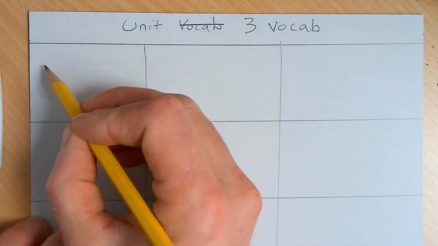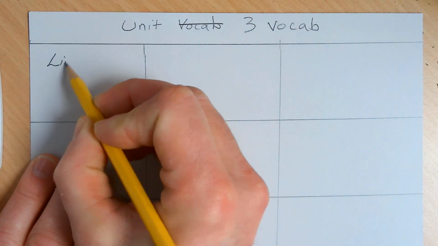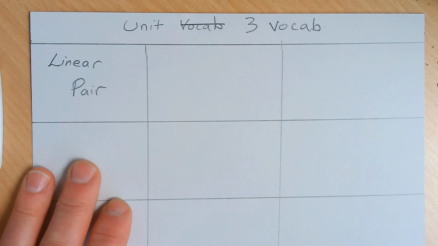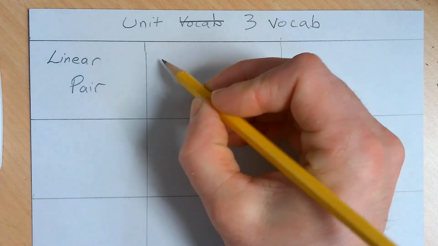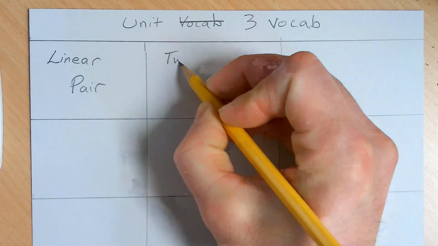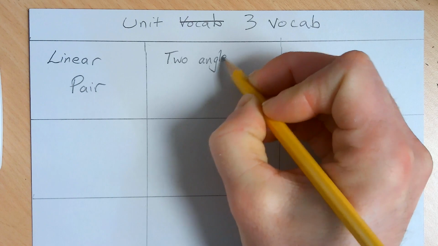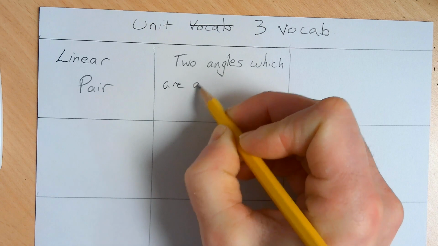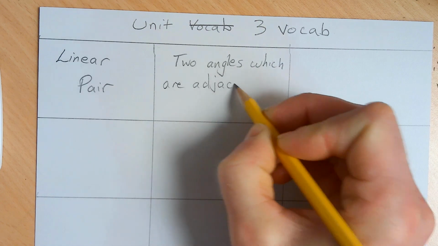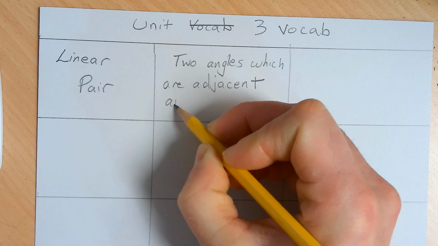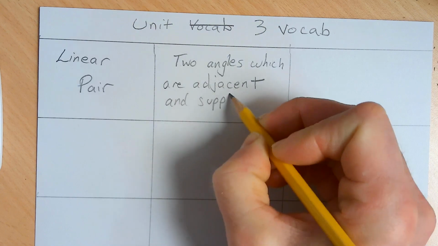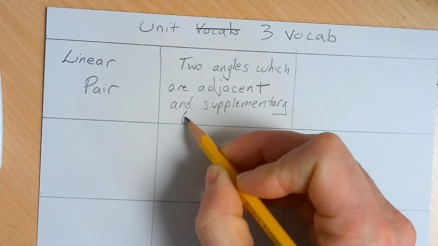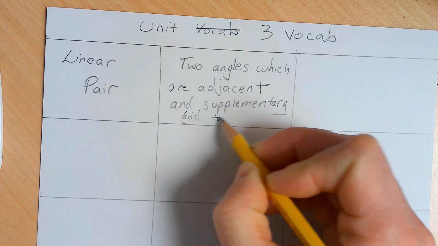Okay, some of these are going to be review, but that's good to have all these concepts down. A linear pair is 2 angles which are adjacent and supplementary, which means they add to 180 degrees.